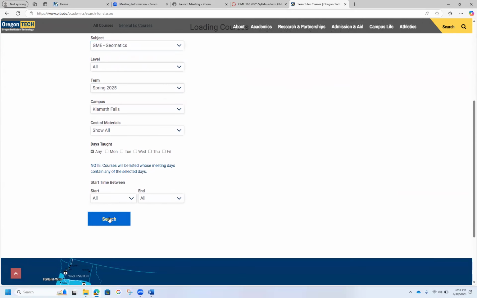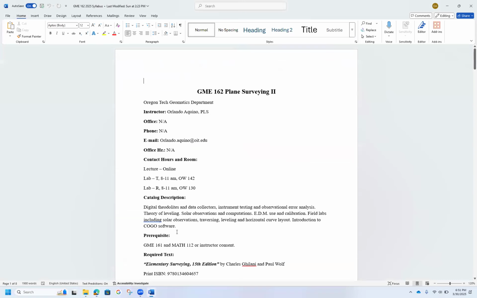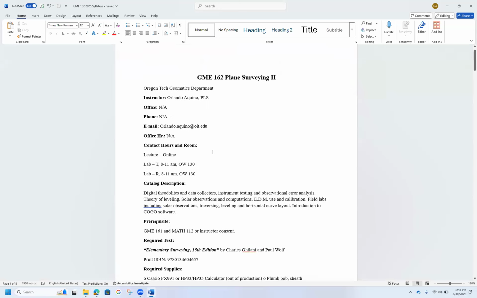It says Owens 130, and that is Tuesdays and Thursdays. Okay, so let me change that. I'm going to have to re-upload it. So it'll be Owens 130 for both to meet, and then you will go to 203 to check out equipment.